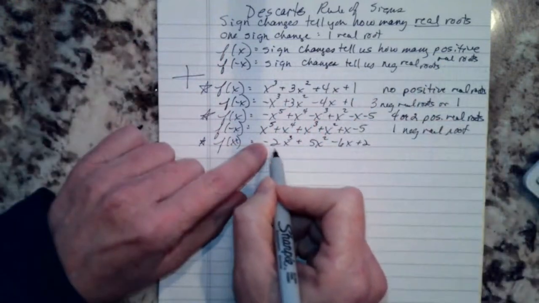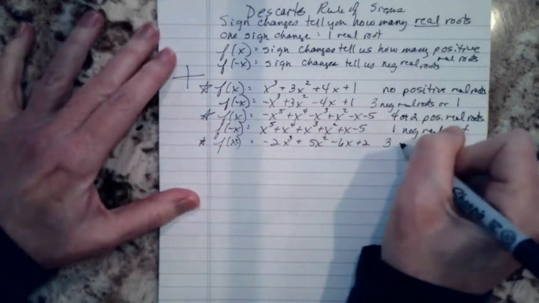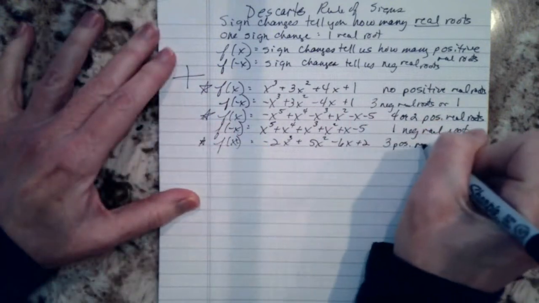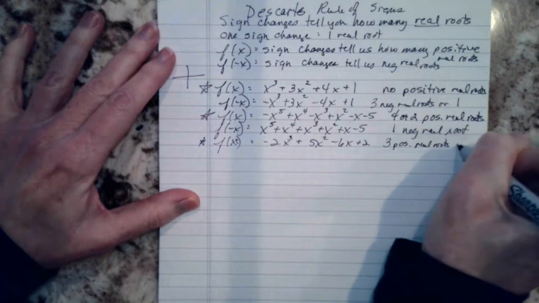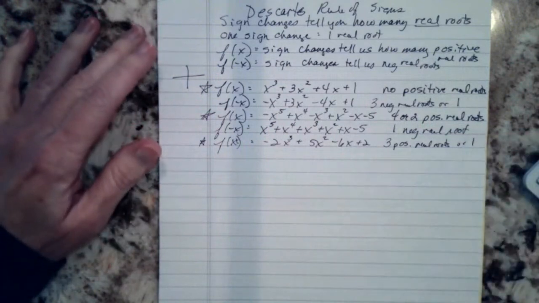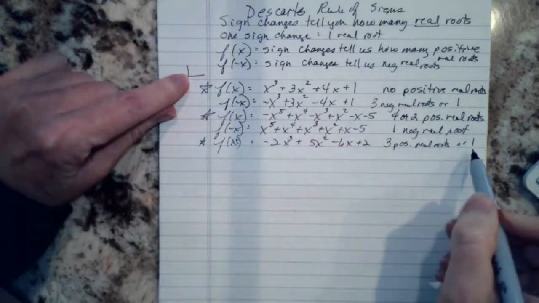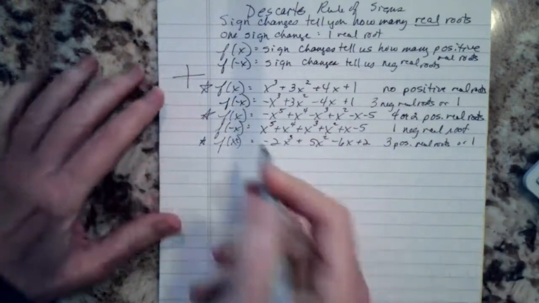So let's look at how many of those. We got a 1, we got a 2, we got a 3. So we know we're going to have 3 positive real roots or 1. It's got to go down by 2's. So it'll either cross the x-axis on the positive side 3 times or only once.